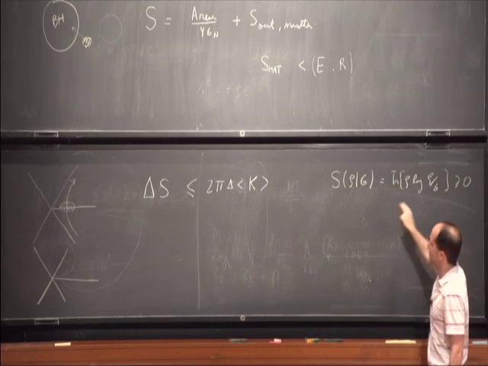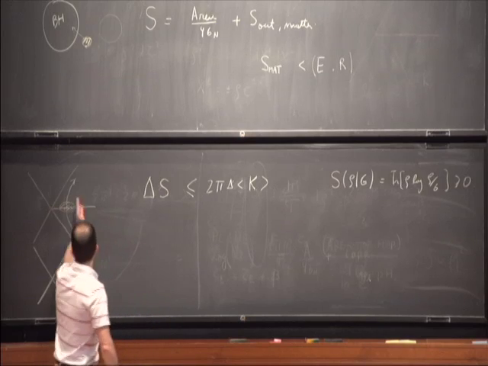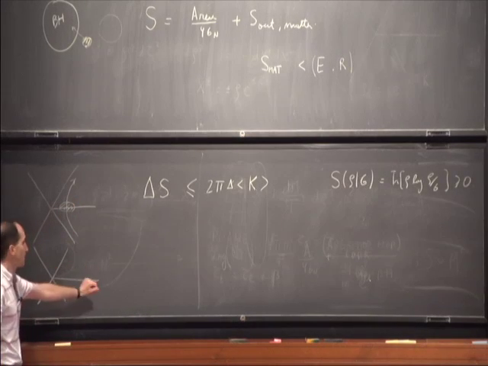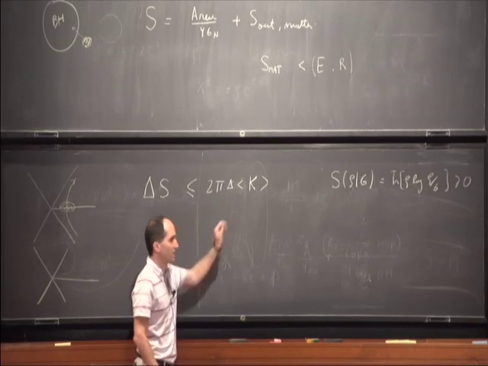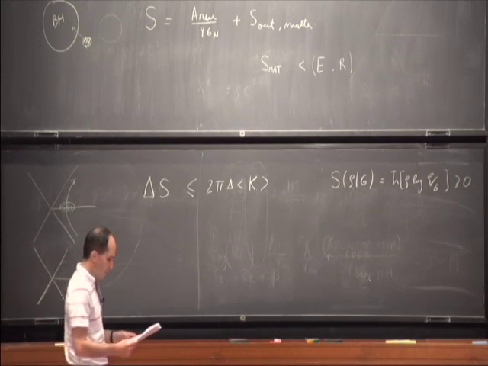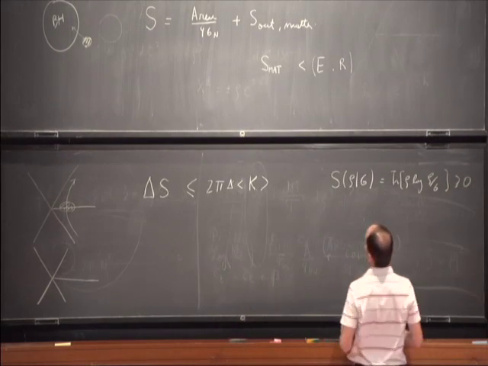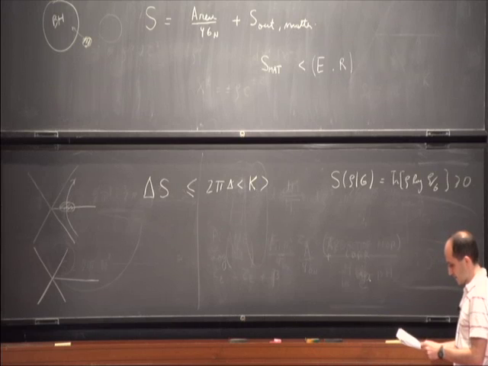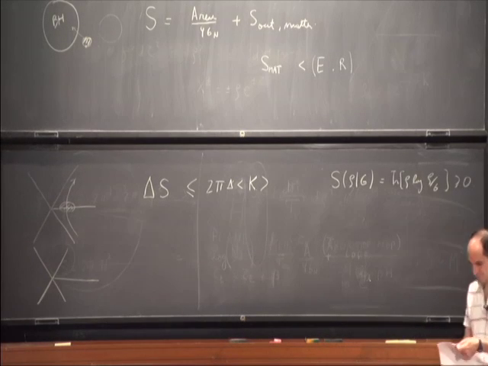By starting with this and choosing rho and sigma to be the rho of this right-hand side plus the matter, and sigma to be the one of the vacuum, it's a simple matter to show this inequality. And then once you have this inequality, you can see that it implies the second law of thermodynamics. That was done by Aron Wall just recently.